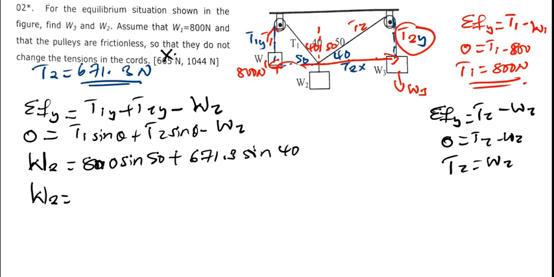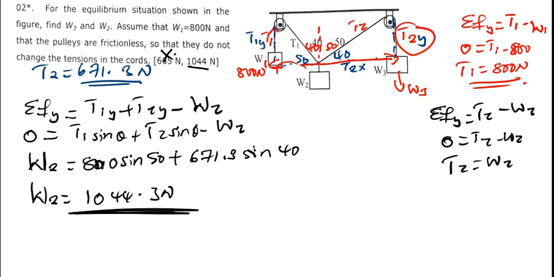We have 800 sine 50 plus 671.3 sine 40, and the answer I'm getting is 1044.3 newtons. That is the answer they found here.